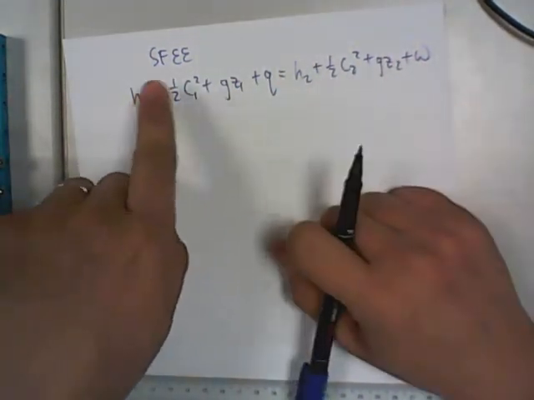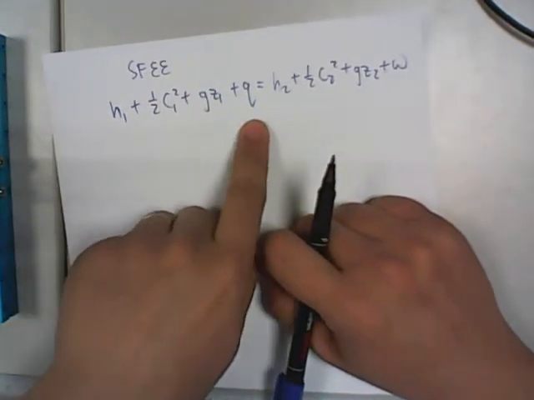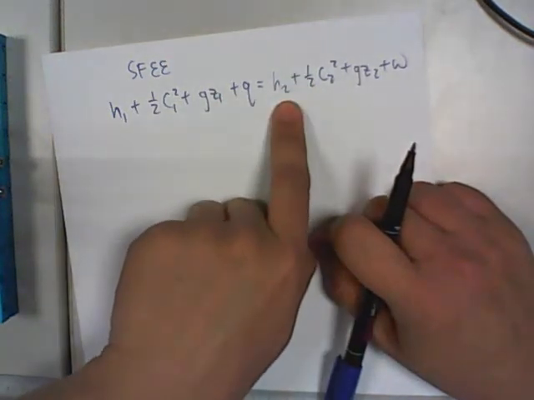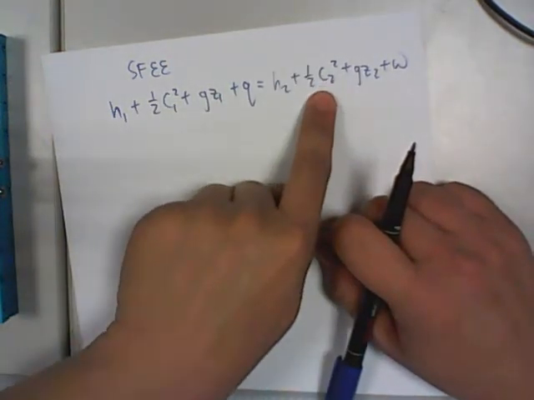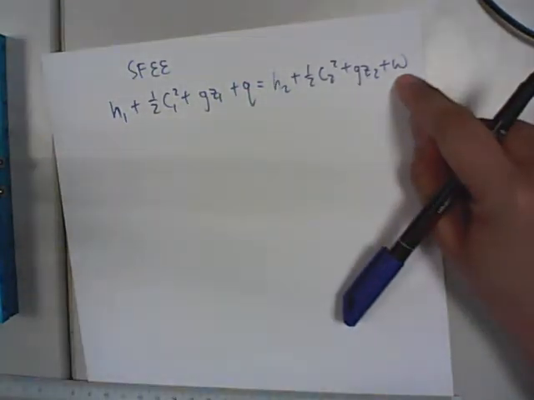The enthalpy at inlet, kinetic energy at inlet, potential energy at inlet, heat transfer in the system, enthalpy outlet, kinetic energy outlet, potential energy outlet, and work done in the system.